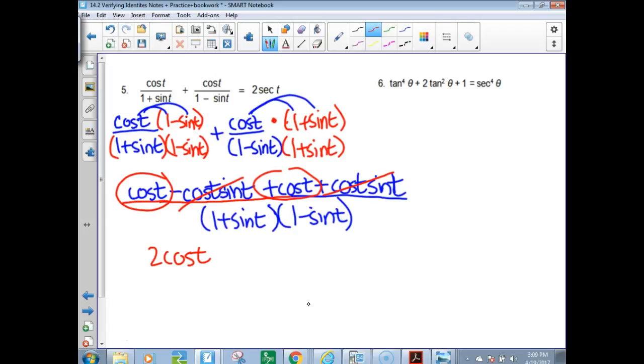It's looking a little bit better than you thought now, I hope. What's the denominator going to be if you were to FOIL that out? 1 minus sine squared t.